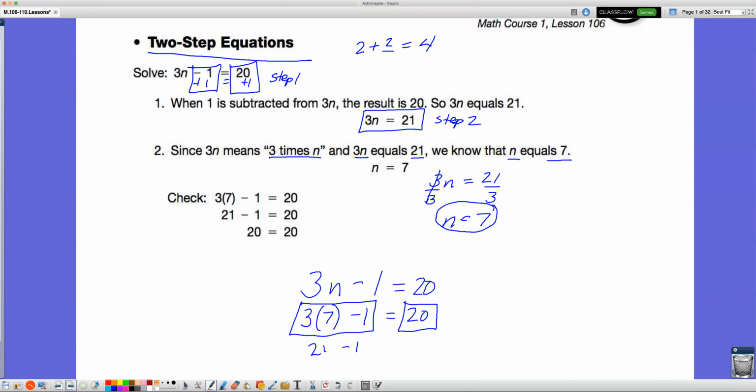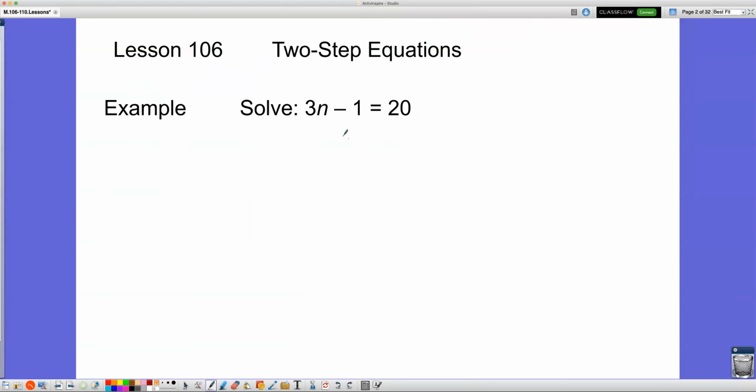Here's the same problem again. If you have 3n minus 1 equals 20, let me just run through this. I add 1 to this side to make that 3n plus or minus 0, right? If I add 1 here, I have to add 1 to this side to continue to make this a true statement in that both sides are equal.